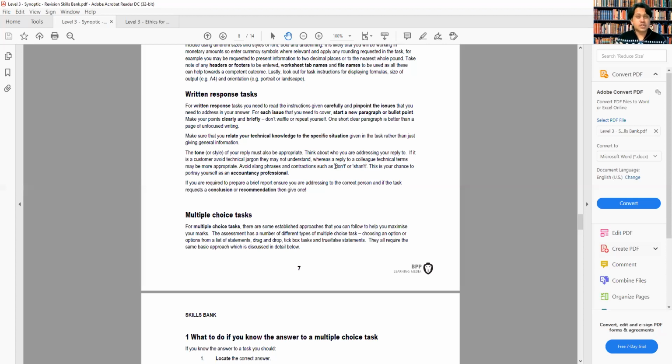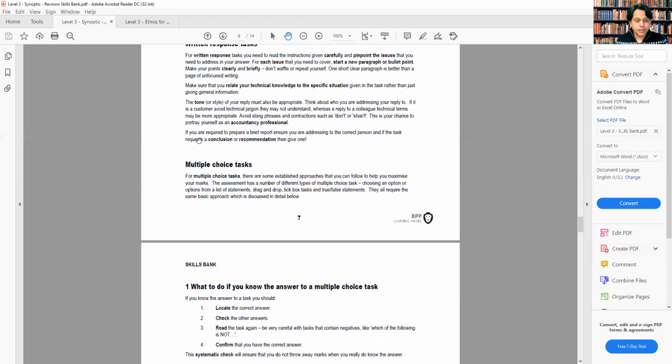So don't make it like that. It's not a professional way of writing to someone. This is your chance to portray yourself as an accountancy professional. Of course, you need to show you are a professional person. If you are required to prepare a brief report, ensure that you are addressing the correct person. If the task requires a conclusion and recommendation, then give one.